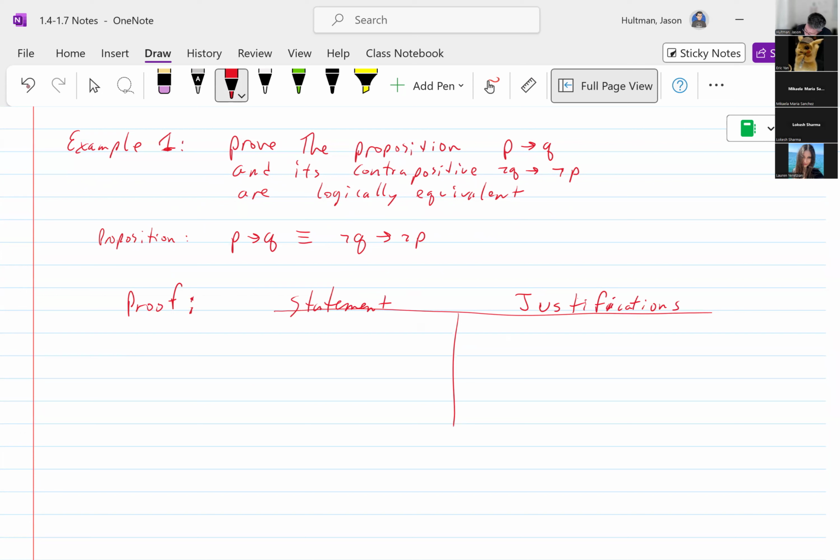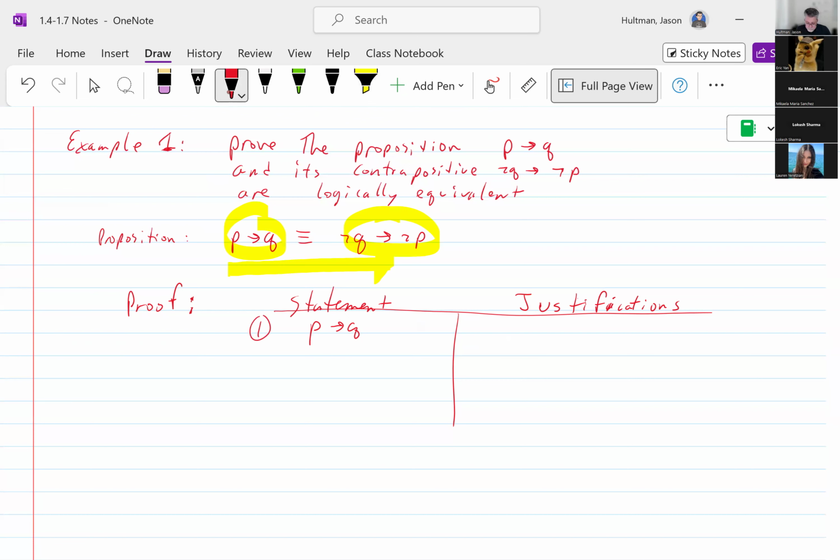Okay, first statement is P goes to Q. I want to build a logical bridge from this guy to this guy. So my first statement is where I'm starting: P goes to Q.